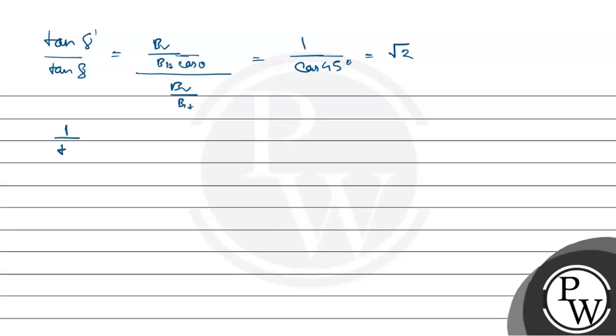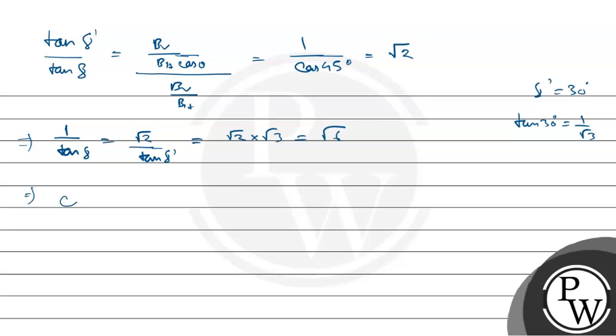So 1 by tan delta, that is equals to root 2 by tan of delta dash, and delta dash equals to 30 degree, and tan of 30 degree is equals to 1 by root 3. So this becomes root 2 into root 3, that is equals to root 6.